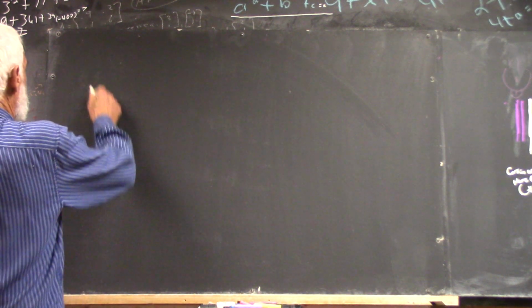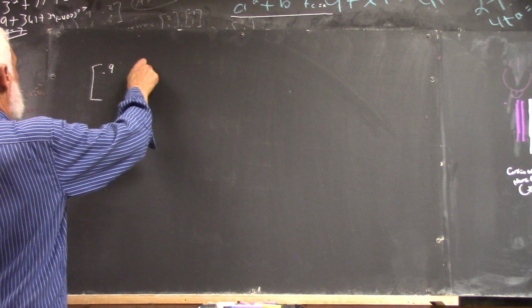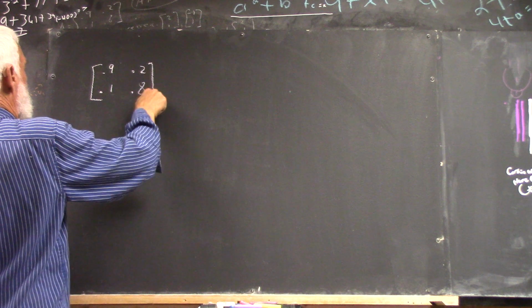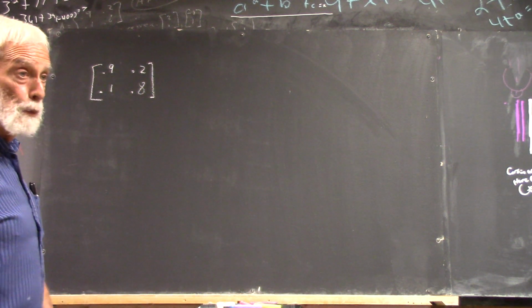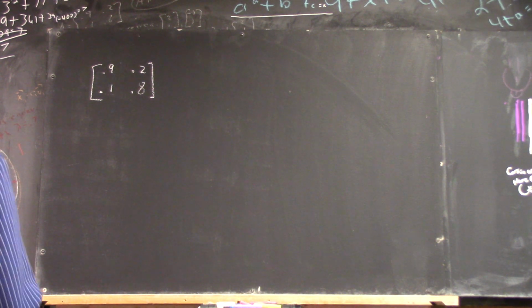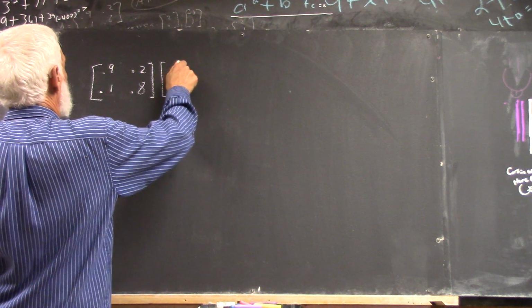Another thing we can do. Incidentally, notice that the columns add up to 1. And if you think about it, it's obvious that they should. But now I want to multiply this matrix by itself.